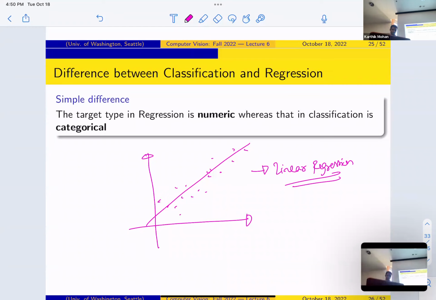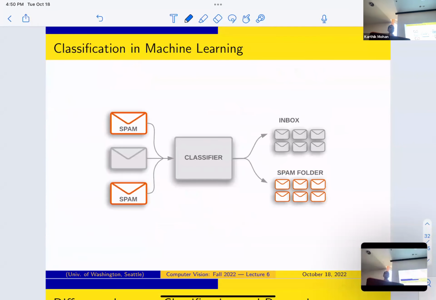And the target type, which is what you're trying to predict, is numeric in regression, but for classification, it's categorical, right? So here, what's the target type? For this data point, I predict this. For this data point, I predict this. So these are numeric, right? They're not like a category. But for classification, as in this example, it's either spam or not spam.